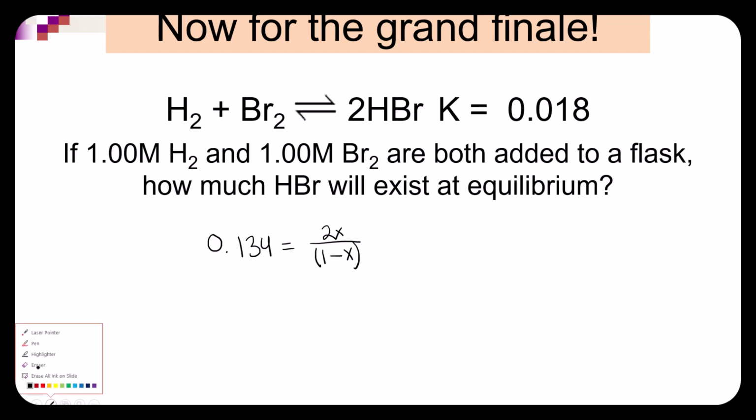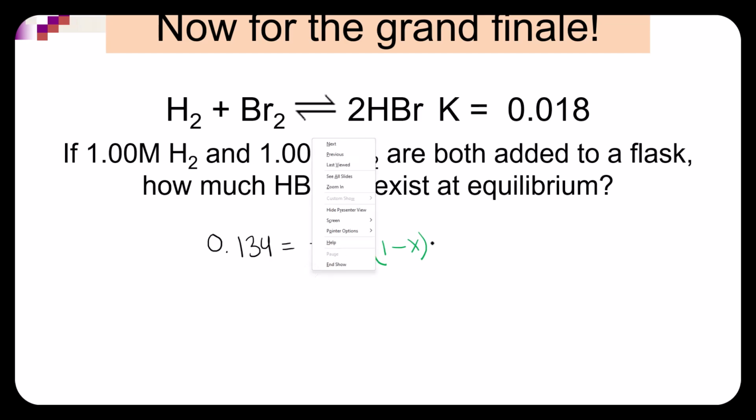What I'm going to do is get that 1 minus x out of the denominator. So I'm going to multiply by 1 minus x on the bottom, 1 minus x on the top. Those cancel. Whatever I do to the right side, I also have to do to the left. So I'm going to multiply this by 1 minus x. I'm just doing it in green so you can see my work.